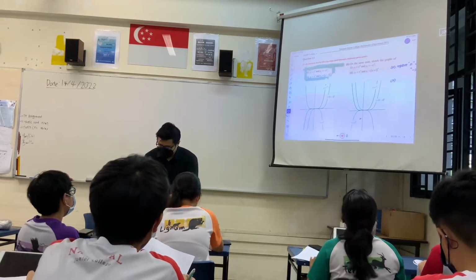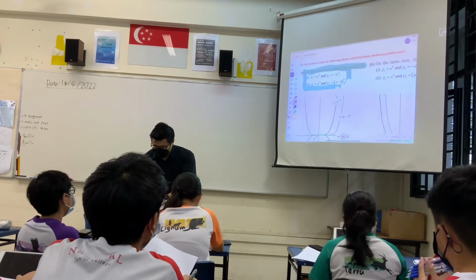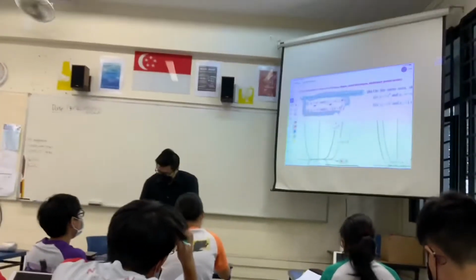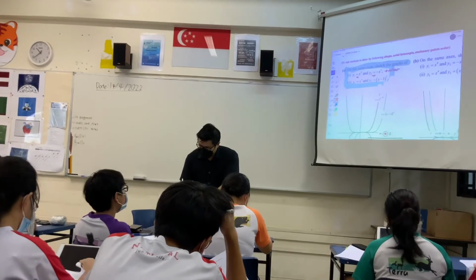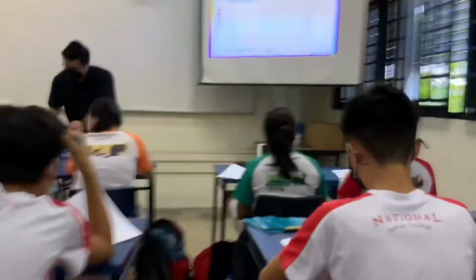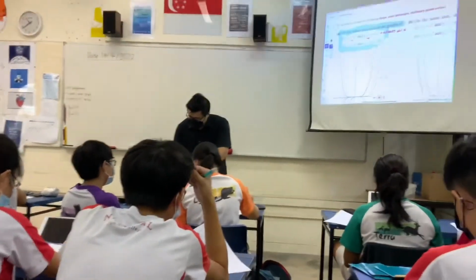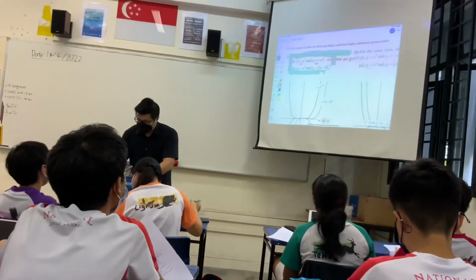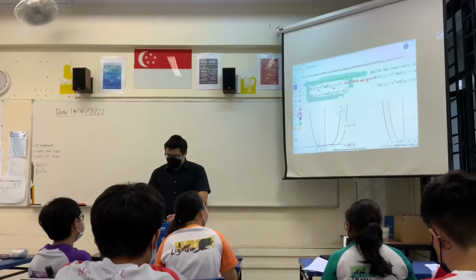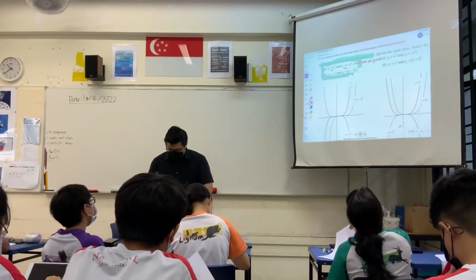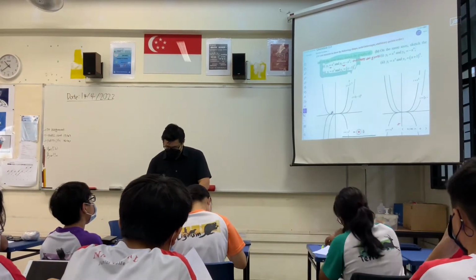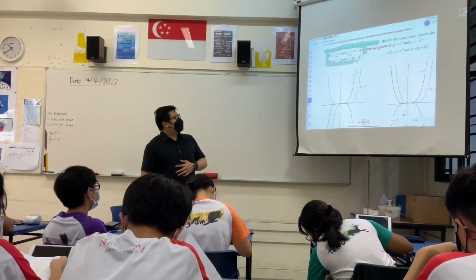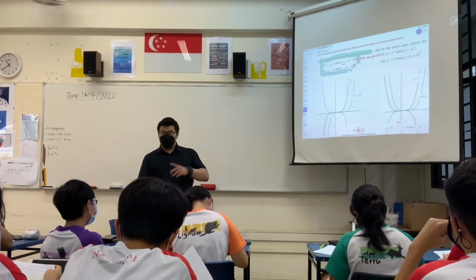If you look at part 1, the two graphs are actually a reflection about the y-axis. And part 2, if you look at part 1, the two graphs are x power 5 and x power negative 5. Part 2 is x power 5 and x minus 1 power 5.